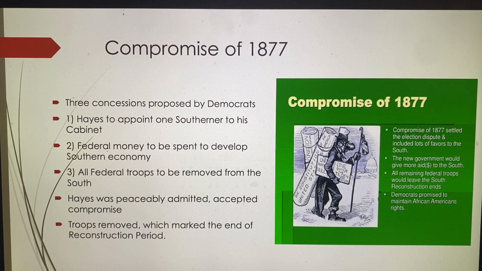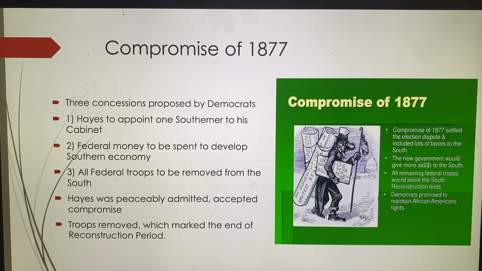Number 1, Hayes was to appoint 1 Southerner to his cabinet, which he did. He didn't think it was a big idea. Number 2, the federal money available would be spent to develop the Southern economy. Of course, Hayes didn't think that was a bad deal; he wanted to develop the Southern economy.